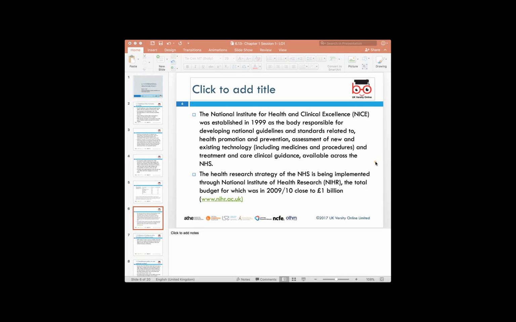Now, the healthcare research strategy for the NHS was being implemented by another body, the National Institute of Health Research, and a total budget of about £1 billion was allocated in 2009 and 10.